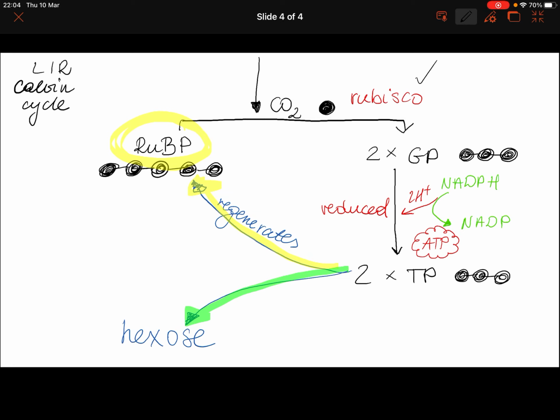GP will now be reduced to triose phosphate using the products from the light-dependent reaction, which are reduced NADP and ATP. Reduced NADP will donate hydrogens and electrons to reduce GP to TP, and this reaction also requires energy, hence we need ATP for that as well. Triose phosphate will now be used, number 1, to regenerate RuBP so the cycle can continue, and number 2, to produce hexose.